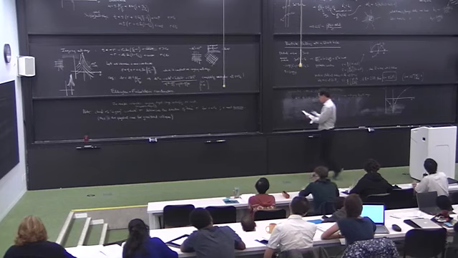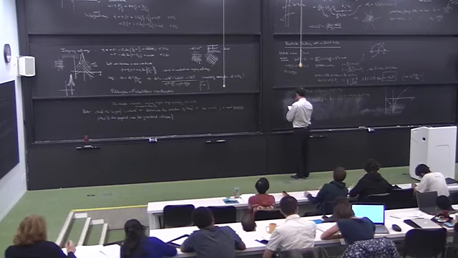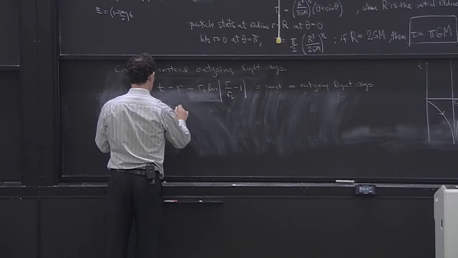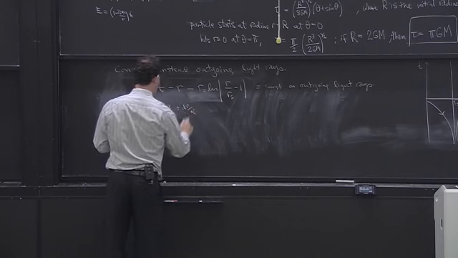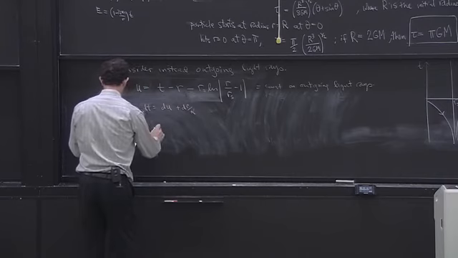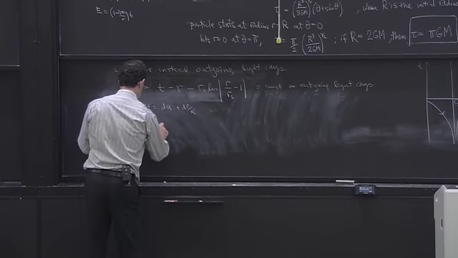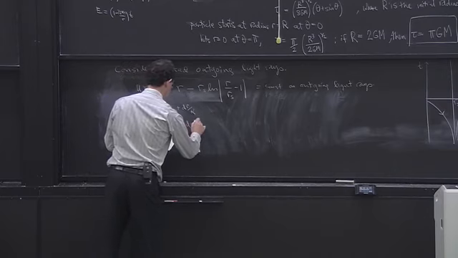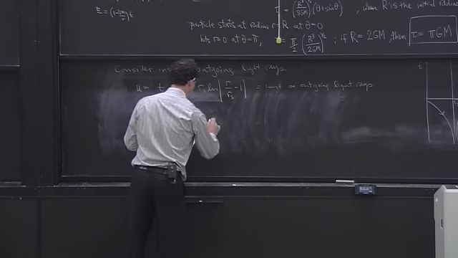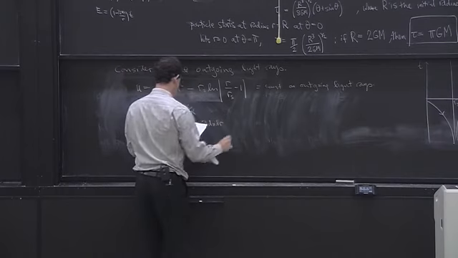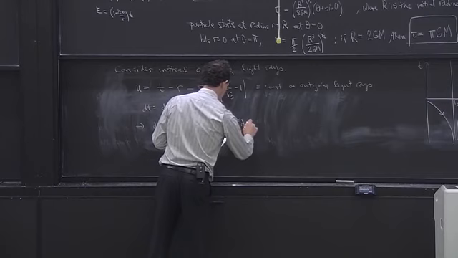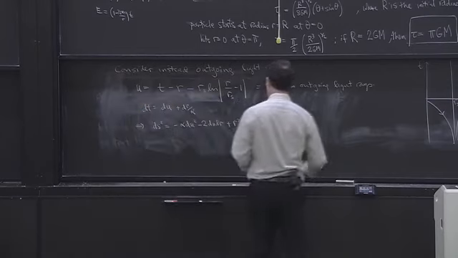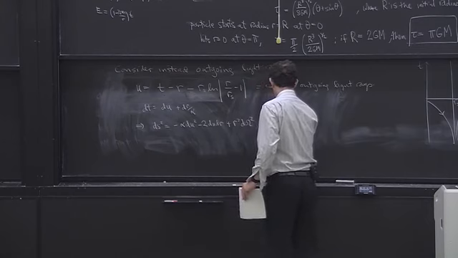And so now I can do the same trick. dt is du plus dr over alpha. And then the metric, the line element, ds squared, is minus alpha du squared minus 2 du dr plus r squared d omega squared. That's also absolutely fine at r equals rs.